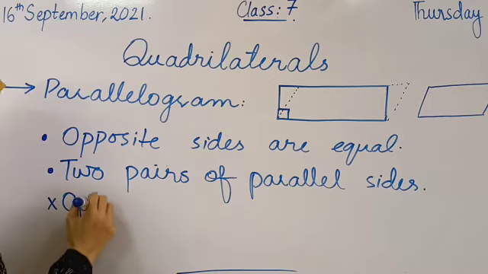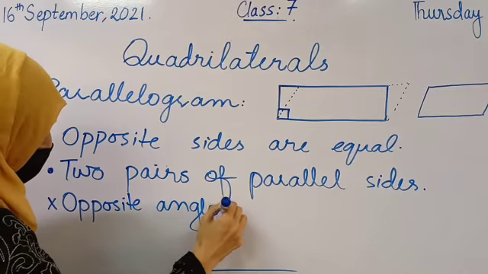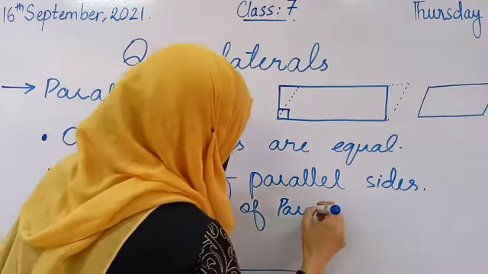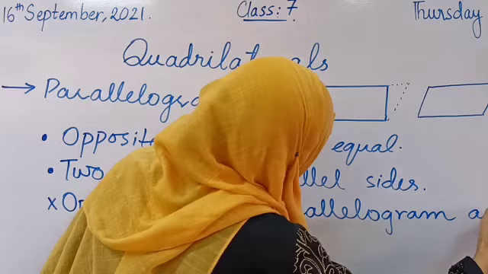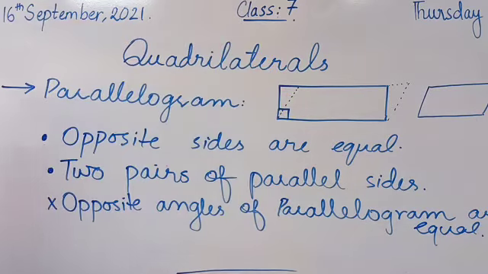We can say that opposite angles of a parallelogram are equal. What does opposite mean? This angle and this angle, these two angles are equal. Similarly, this and this, these two angles are equal.